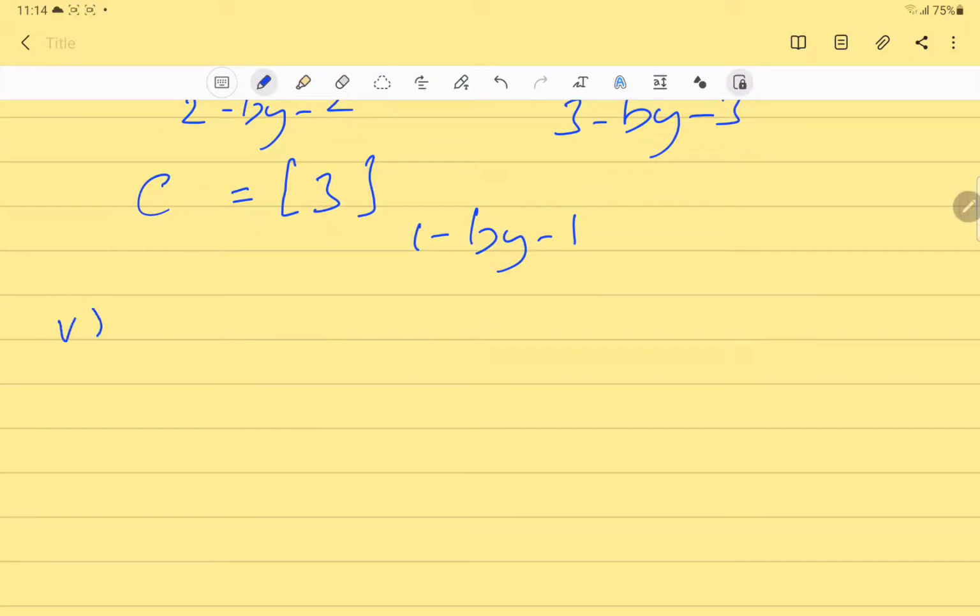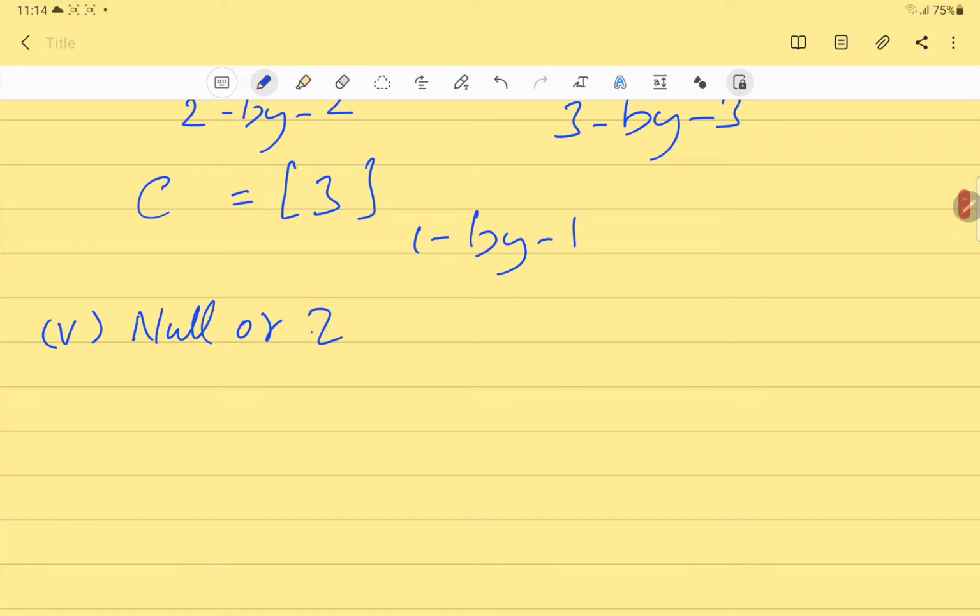The fifth type is null or zero matrix. Very simple. A matrix is called null or zero matrix if all its entries are 0.